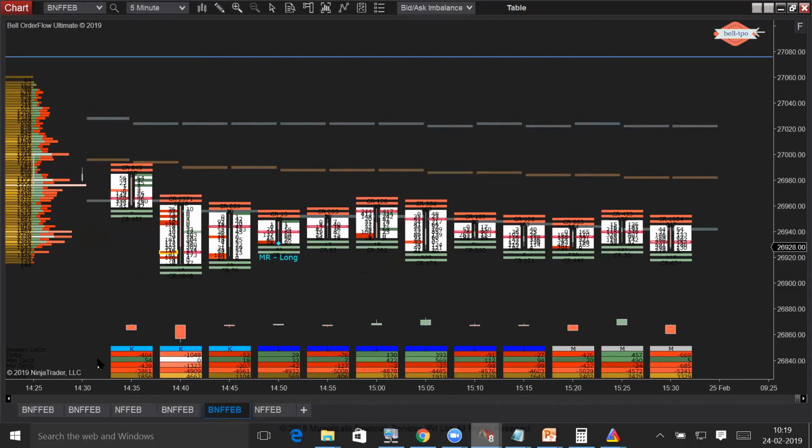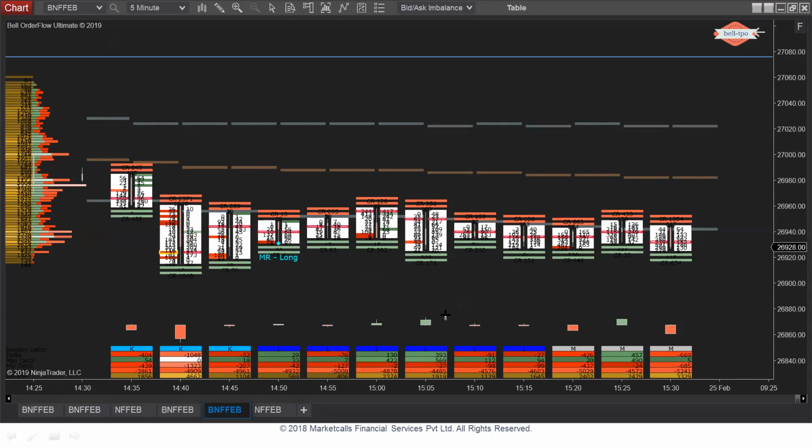The top table over here measures the delta. Let's try to find where we are able to spot any delta divergence.